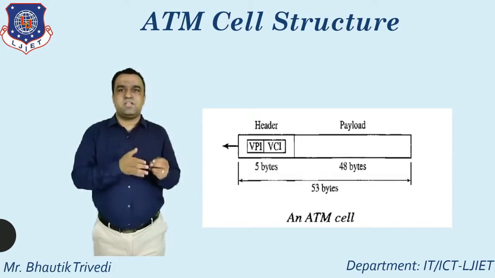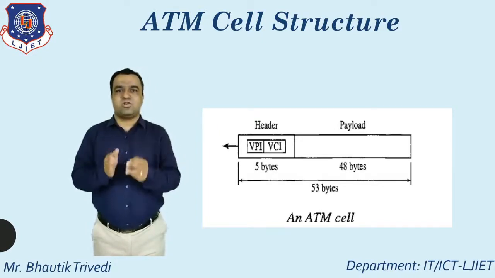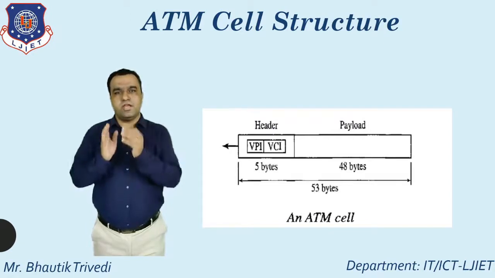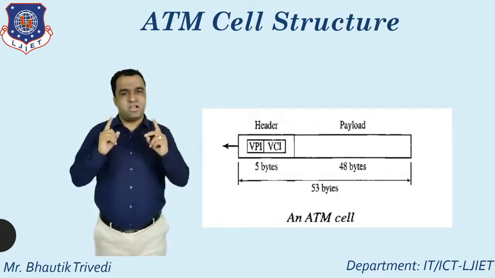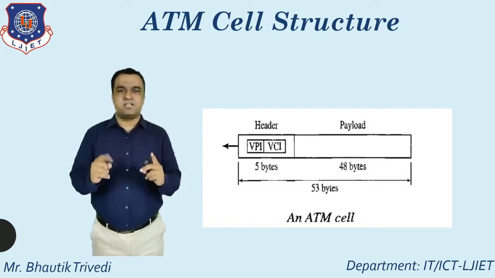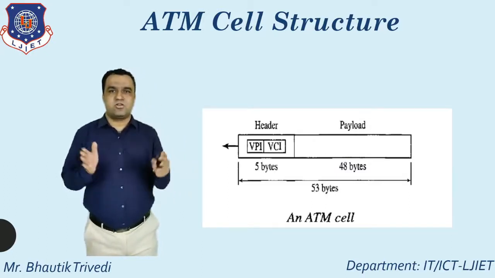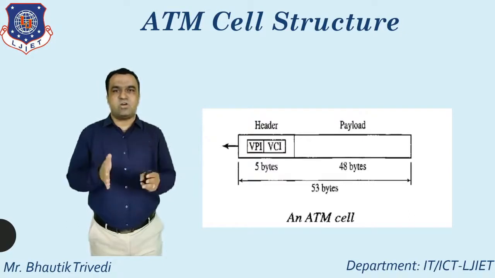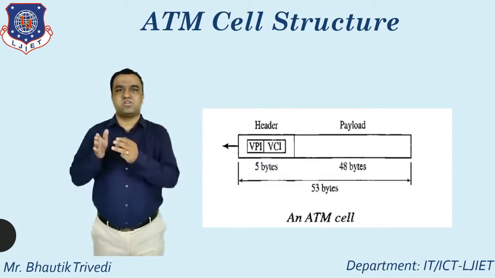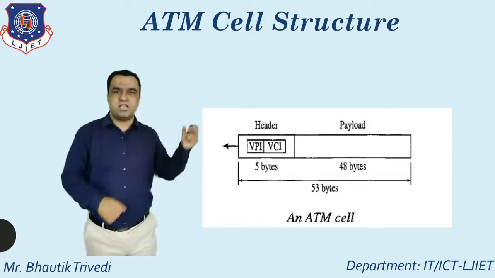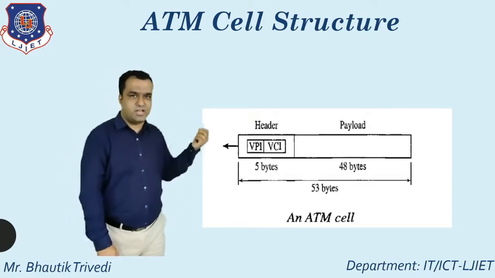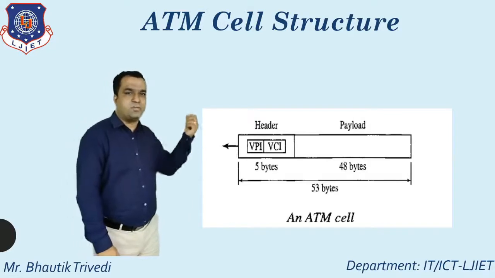Out of the 53 bytes, 5 bytes belong to the header and 48 bytes belong to the payload. Again I repeat, 53 bytes is the total cell structure; 5 bytes belong to the header, 48 bytes belong to the payload.